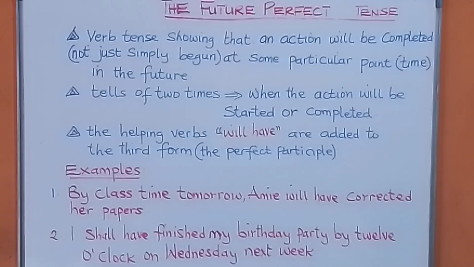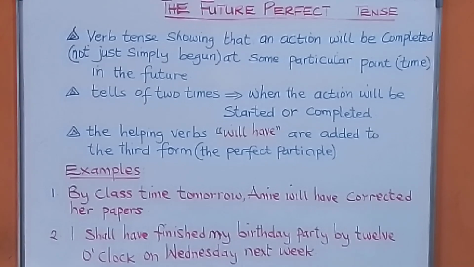I shall have traveled to Enugu. You see that? So it's fixing the time, which I'm more comfortable with. Don't let somebody tell you, I will call you. No. I will call you when? By 12 o'clock on Monday, I shall have called you.